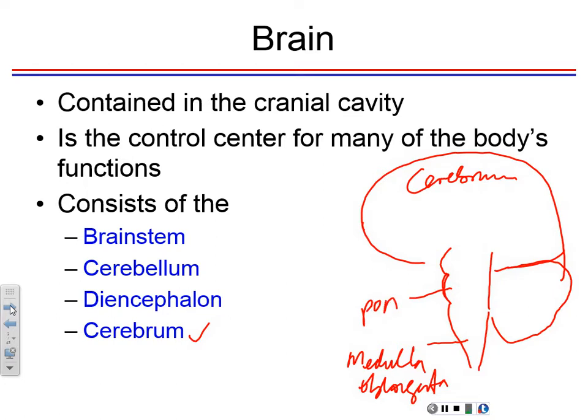It pretty much is a bridge of information from the lower parts, like the spinal cord and the medulla, to the upper parts, which is the cerebrum and the diencephalon. So this will be the midbrain. The last part of the brainstem is the midbrain. So that's your cone right there.